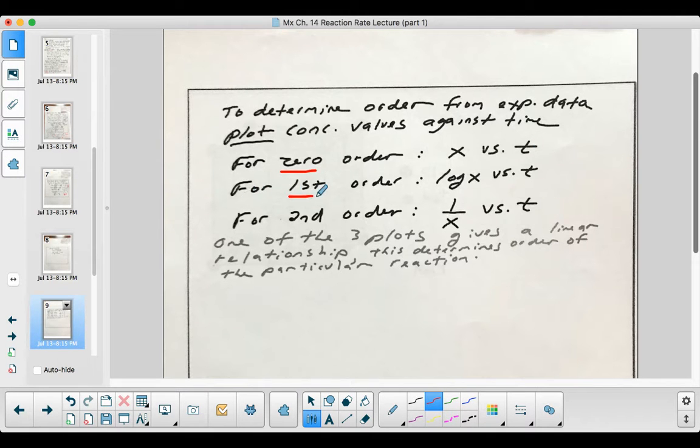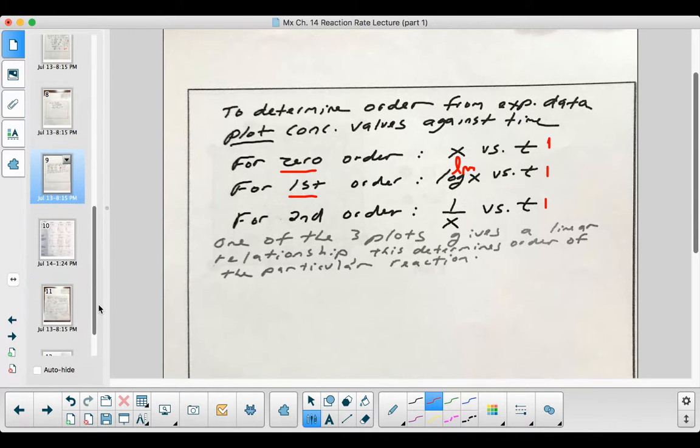If it were a first order reaction, it would be a plot of the log of the concentration versus T. Here I have log base 10, but we'll actually use natural logarithm of X. And for a second order, it would be the inverse of the concentration versus time. So if you're trying to determine an order from a set of data, you can always do these three plots of X versus T, natural logarithm of X versus T, and the inverse of X versus T. Whichever one gives you the linear relationship will identify the order of the reaction.